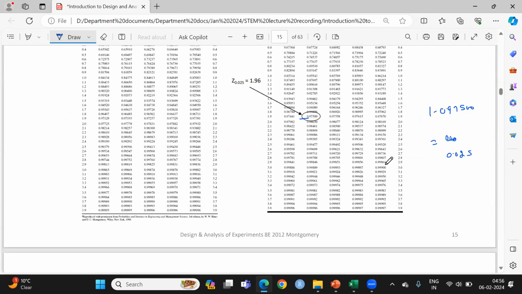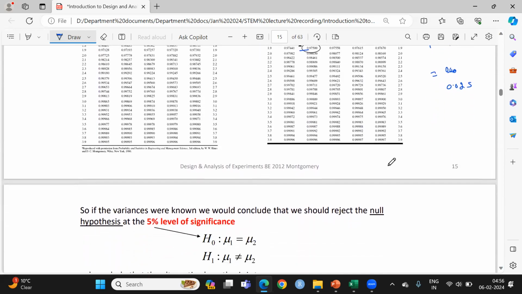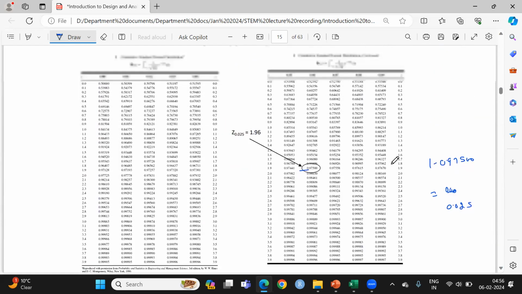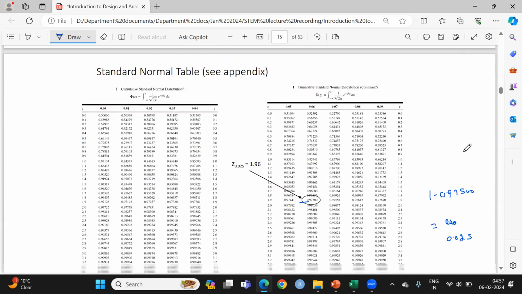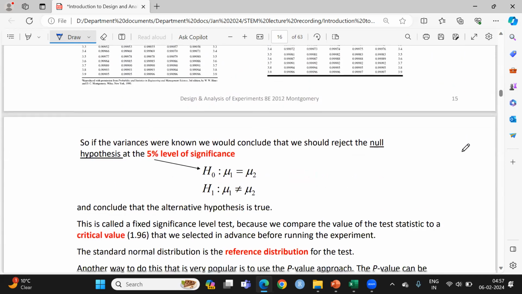Here we got the information that the value of 1.96 divides this probability curve area into different sections, and on the right hand side we have some proportion. Similarly, we have some proportion on the left hand side, but these proportions should be equal if the critical points are equal, because of the symmetry property of the normal distribution.